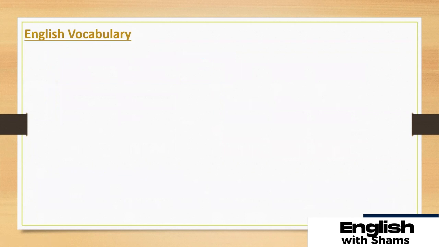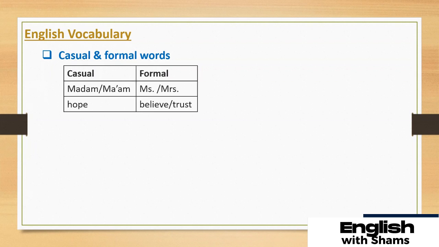Then we have English vocabulary. In English vocabulary, what are casual words and formal words, right? With friends, we use casual words. In office with colleagues, we use formal words. So we will see casual words and formal words.